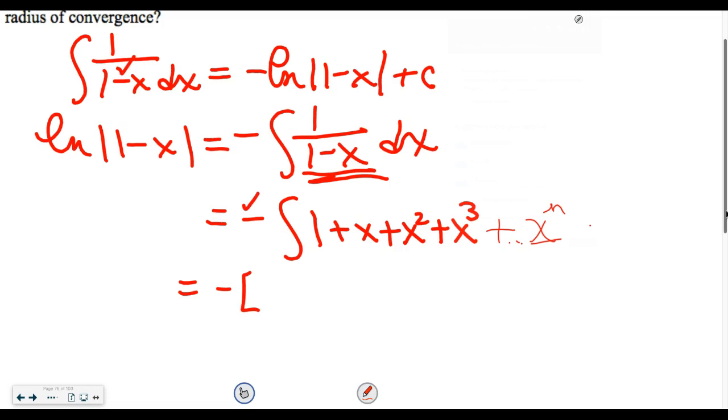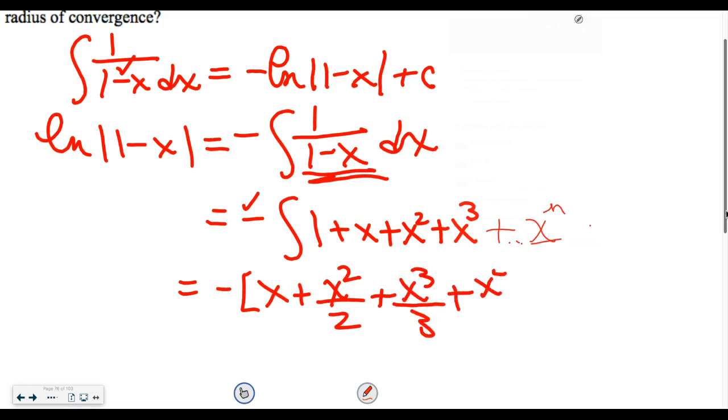But now I integrate. The last one I took a derivative, so, right? So x plus what? X squared over 2. X cubed over 3. X to the 4th over 4, plus x to the n over n, plus and so on.